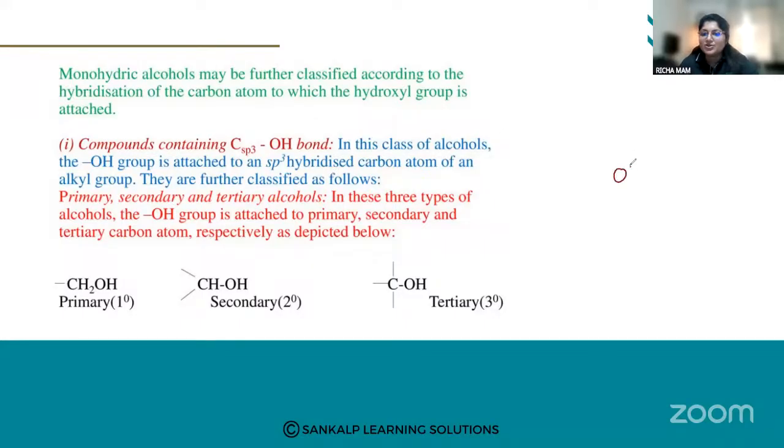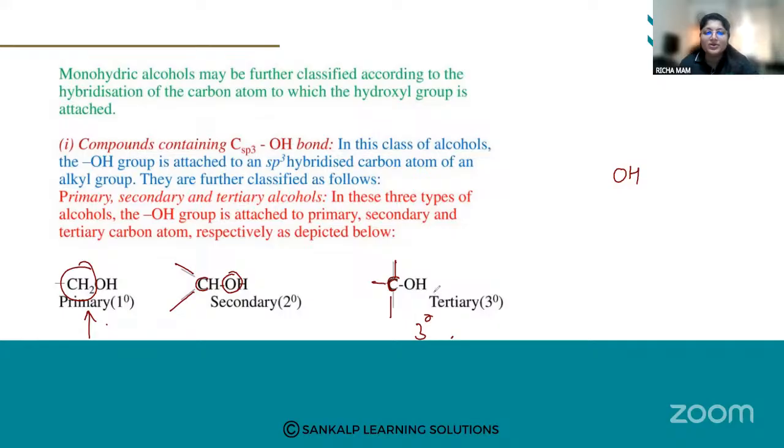When the OH group is attached to a carbon attached to one other group, it is termed primary. When the carbon is attached to two other groups, it is secondary. And when the carbon is attached to three groups, it is tertiary.